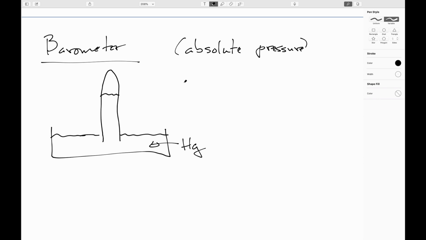So anyway, when the mercury seeks its own level here, other than a few random mercury atoms that happen to be floating around up here, the pressure here is pretty much 0. And then the pressure you're trying to measure will be the pressure right here at the surface of the mercury.